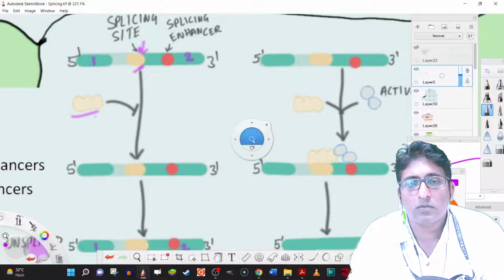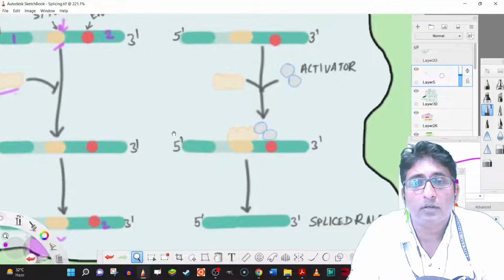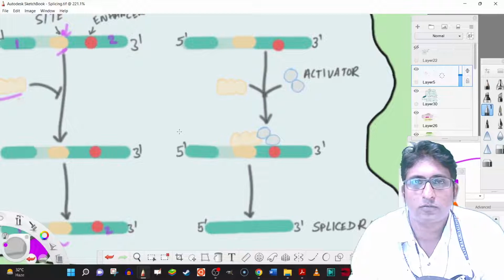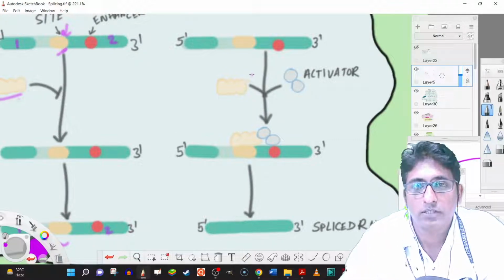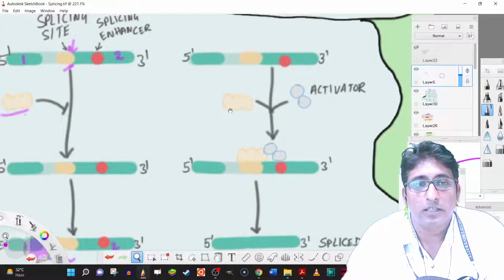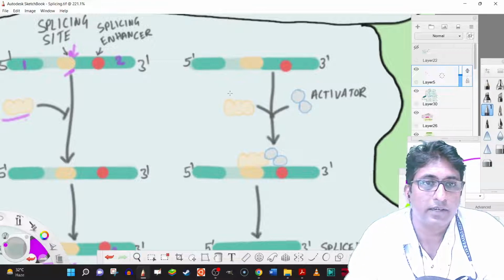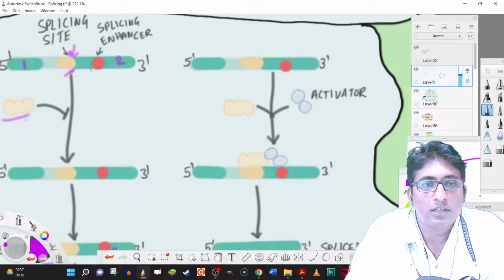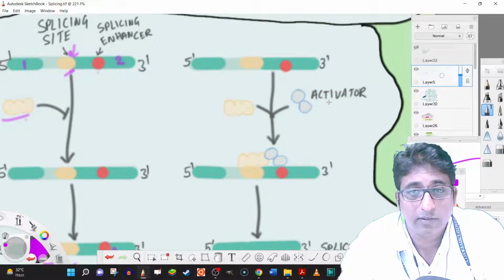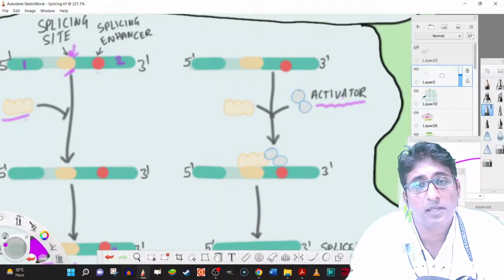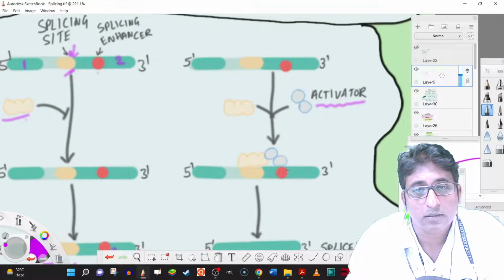However, there might be activators of the splicing machinery. Activators bind to certain regions that we call enhancers, like the exon splicing enhancers. These are usually present within the exons, and when there is production of the activator in the cell, it recognizes the splicing enhancer and binds there.